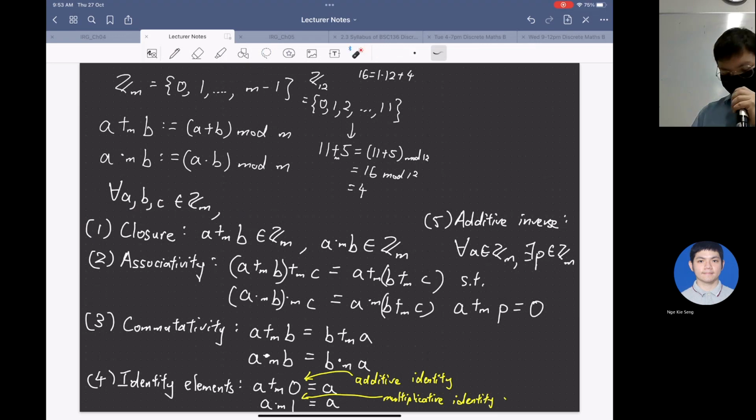Let's think what P is. You can think about it during the break. After the break, we will talk about what this P is.